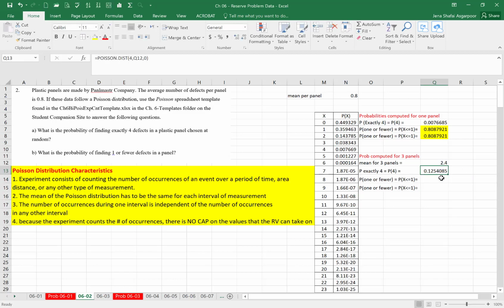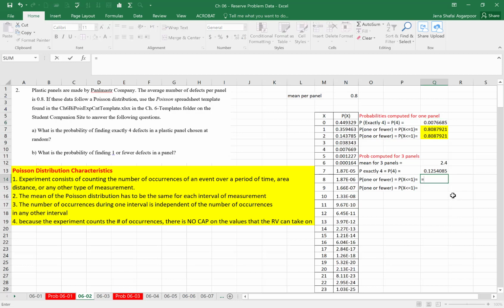So now the probability of having exactly 4 defects in 3 panels is almost 0.125 or 12.5%, versus it was almost 7 thousandths when we were working with only 1 panel.